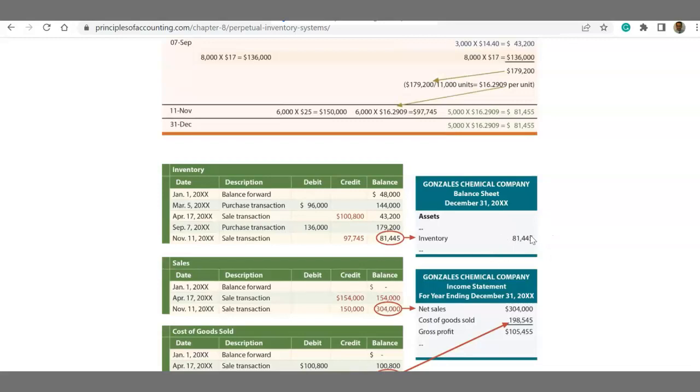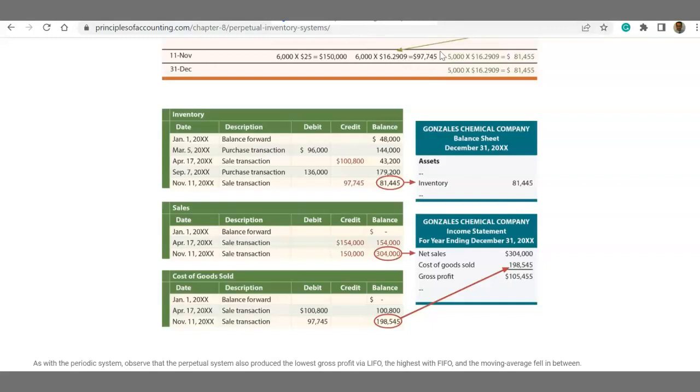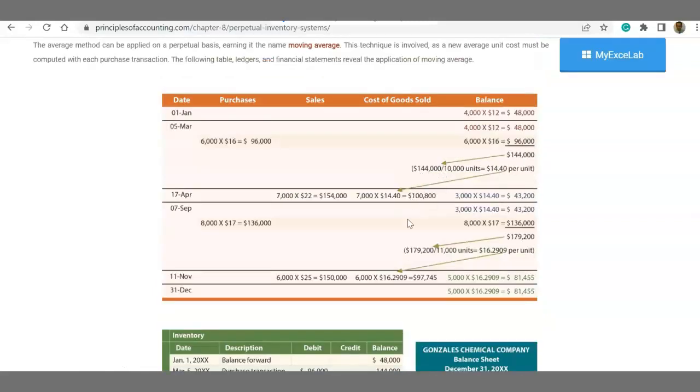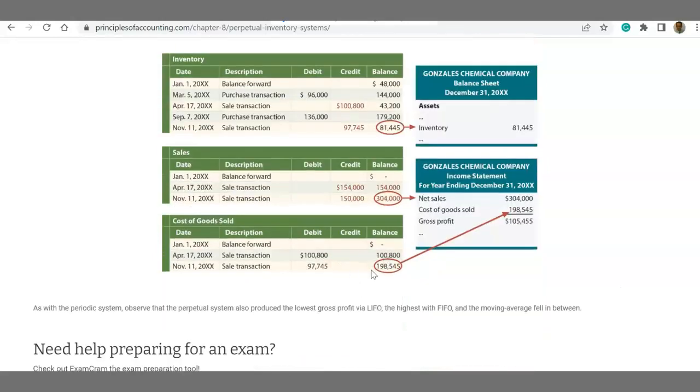And the cost of goods sold will go into the income statement. So this cost of goods sold and that cost of goods sold combined, which will be 198,000, go into the income statement, and you get the gross profit.